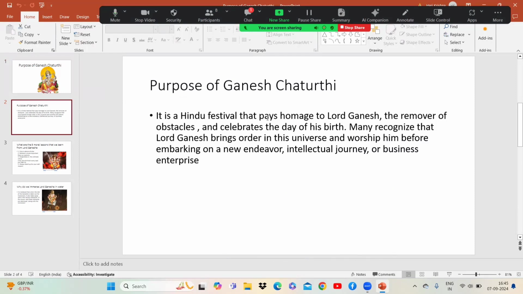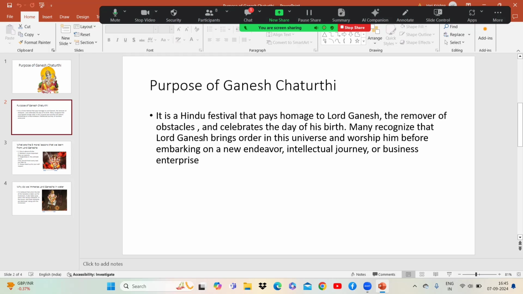We, as Hindus, pay homage to Lord Ganesh. He is known as the remover of obstacles and celebrates the day of his birth. Today is his birthday, and we celebrate this day as his birthday as well as Ganesh Chaturthi.